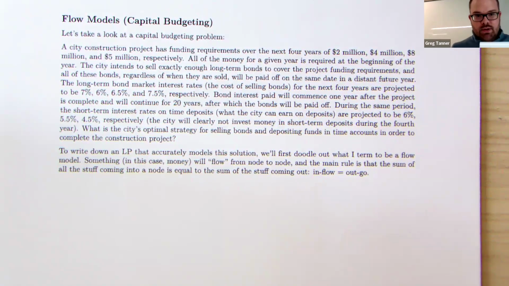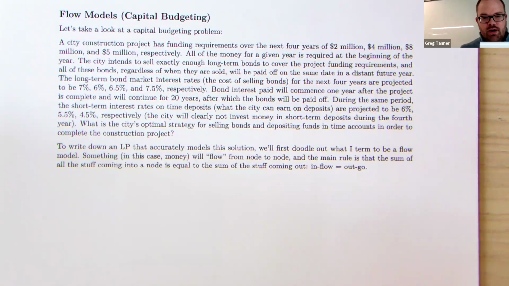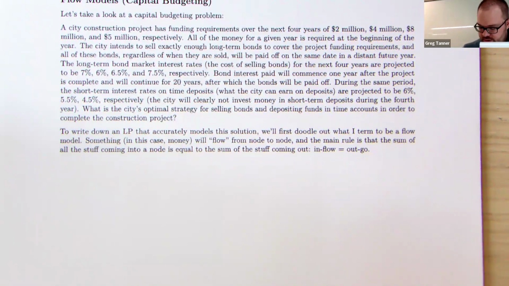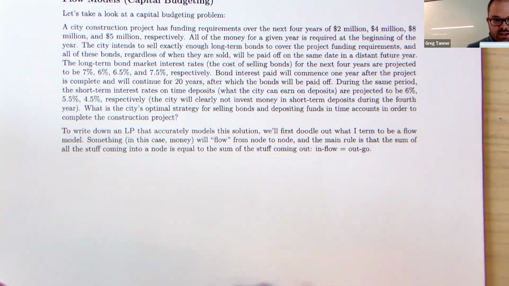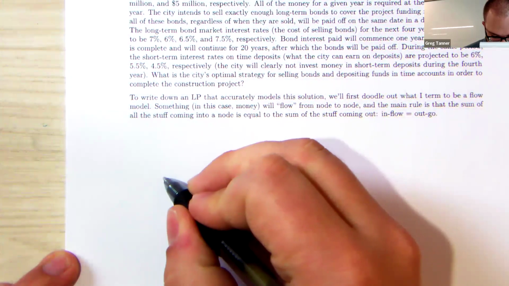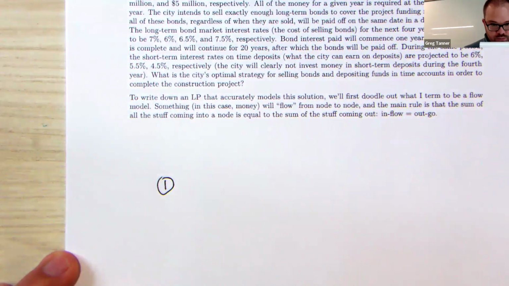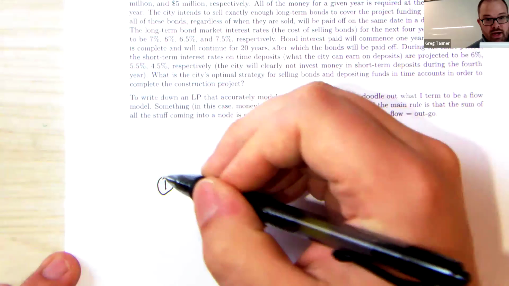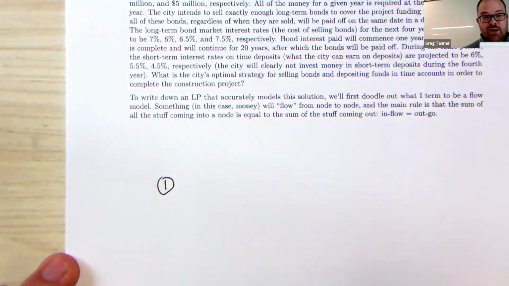Okay, so let's think about diagramming this as an inflow and outflow problem, or a flow chart. Each of the years is going to be a node in our flow chart. If we think about year one, the item that's flowing is money.